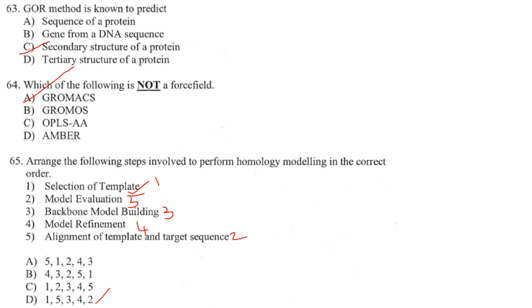Then comes backbone model building 3, then comes model refinement, and then model evaluation. So it will be 1, 5, 3, 4 and 2. So that is option D.